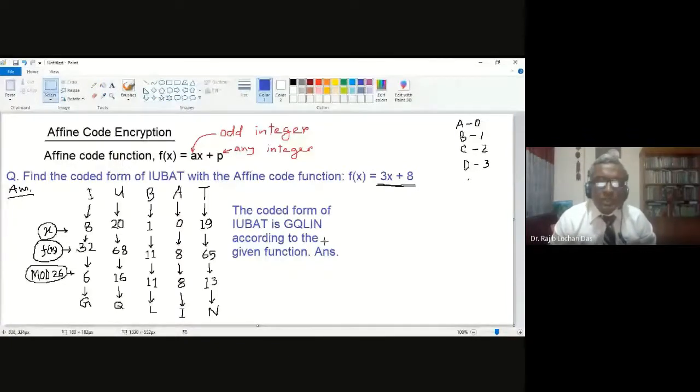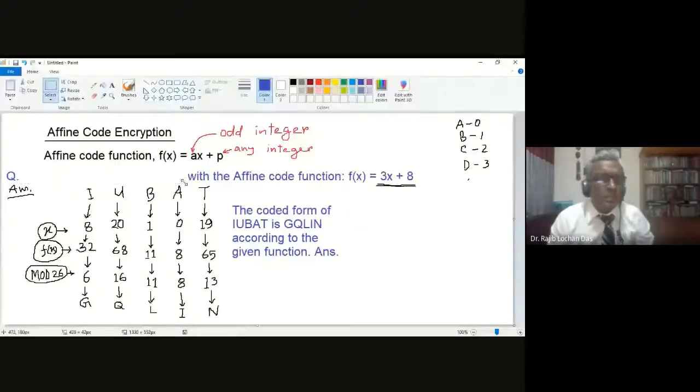So if GQLIN is the coded form, then how can you find out the original message? So I am changing the question. I am writing the question. This is the second part of the question, or you can say question number 2.